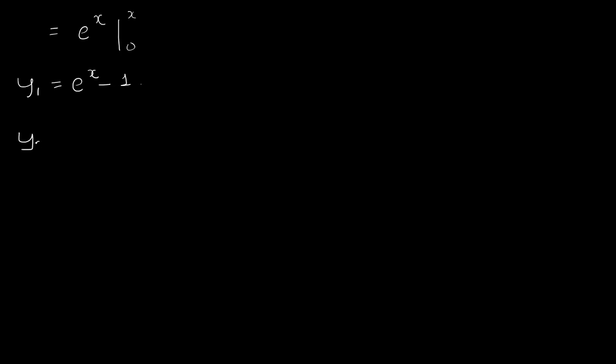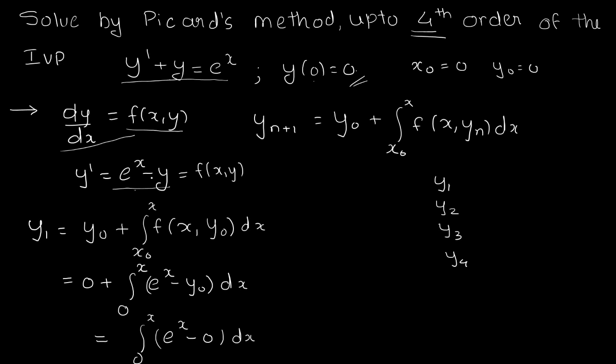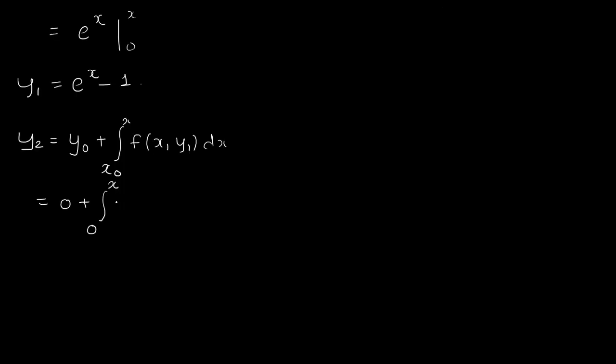Now the next step is finding y2. y2 will be given by y_0 + integral from x_0 to x of f(x, y1) dx. y_0 is 0 and x_0 is also 0, so 0 to x. f(x, y1) is, as we have seen f(x, y) is e^x - y, so f(x, y1) will be e^x - y1. We know our y1 from the first approximation, so it will be e^x - (e^x - 1), and minus into minus becomes plus 1, dx.